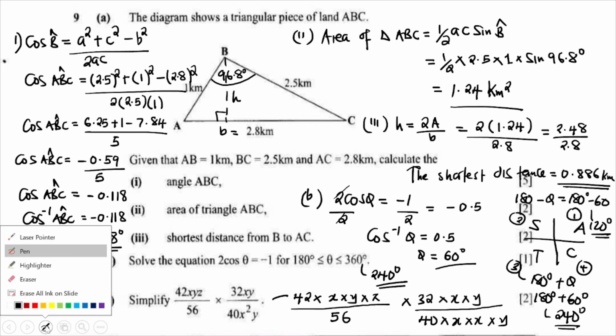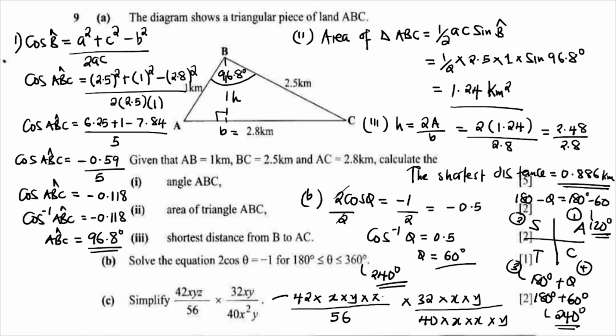Then, after you do that, you cancel those that are similar, and also you look at a number that can go into both of the numbers that you have there. So you would say an x here and an x there you cancel, an x here and an x there you cancel, a y here and a y there you cancel.